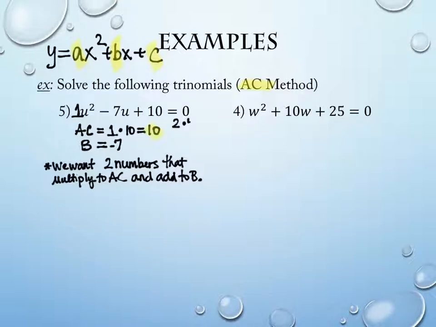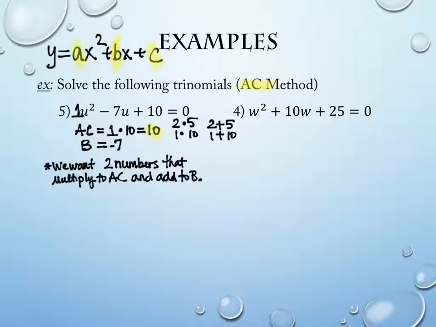2 and 5. What else are there? 1 and 10 would work. And this one doesn't have any other choices, right? Which of these, if I put addition here instead, 2 plus 5, 1 plus 10, which of these add to negative 7?